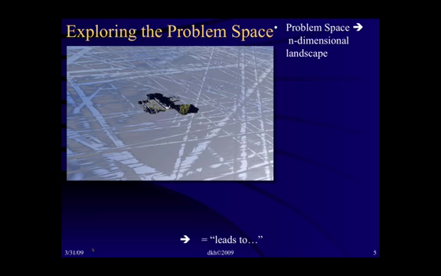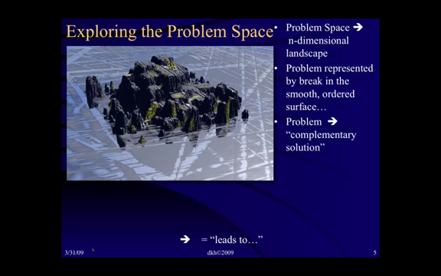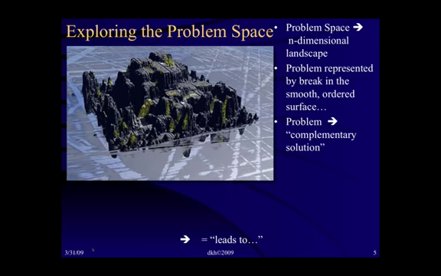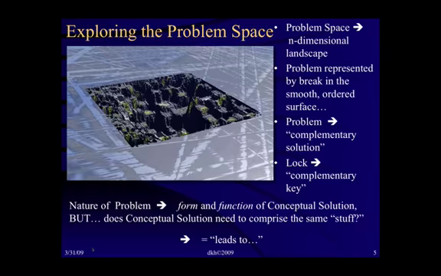Imagine we're exploring the problem space, and the problem space can be looked upon as an n-dimensional landscape. A problem is represented by a break or a pitfall in the smooth, ordered surface. The problem has a complementary solution. It is, as it were, what you would need to fill in the gap in the n-dimensional landscape.